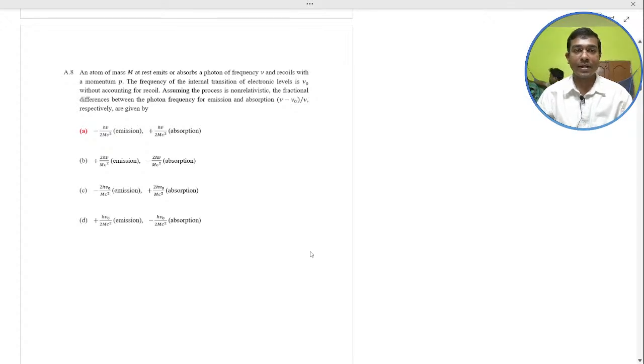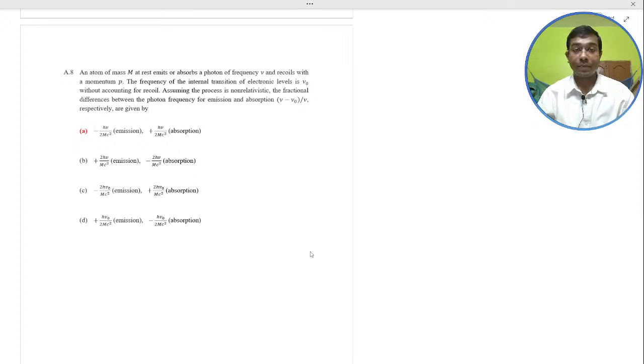an atom of mass m at rest emits or absorbs a photon of frequency nu and recoils with a momentum p. The frequency of the internal transition of the electron level is nu naught without accounting for recoil.